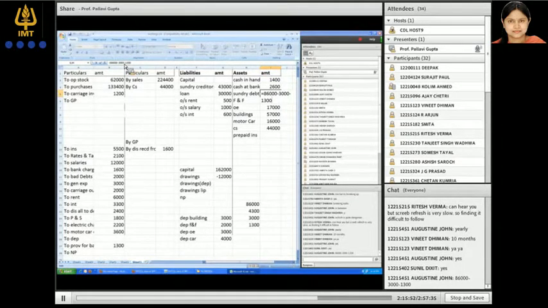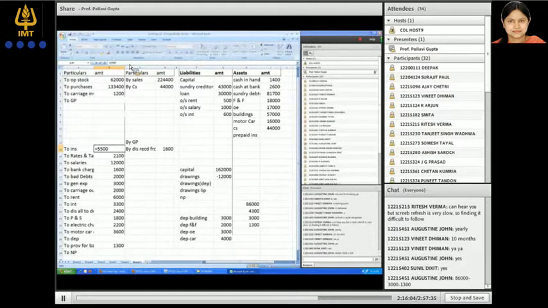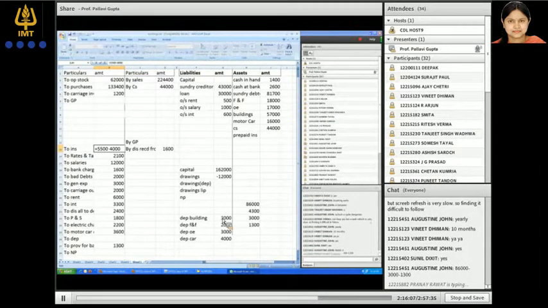Now if this is the personal expense, this is not a business expense, so it will be treated as the drawings. So 5500 includes the personal expense of the proprietor which I have to reduce from here, and I have to take it here in the drawings, LIP 4000. I will put it here.